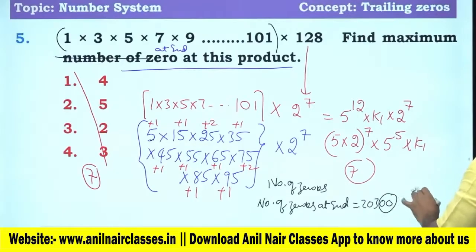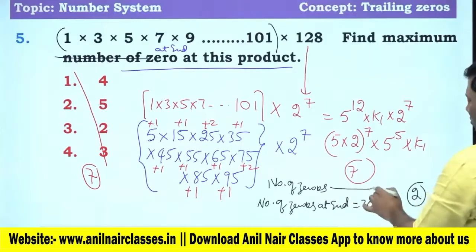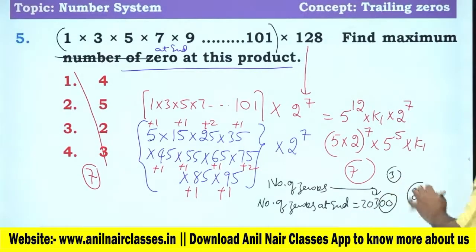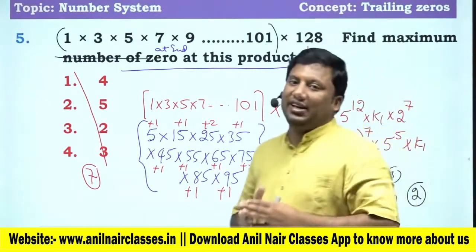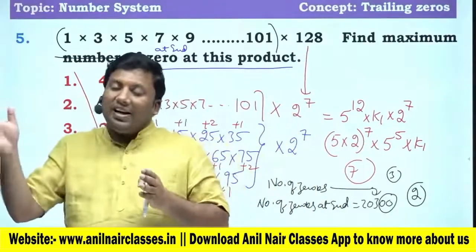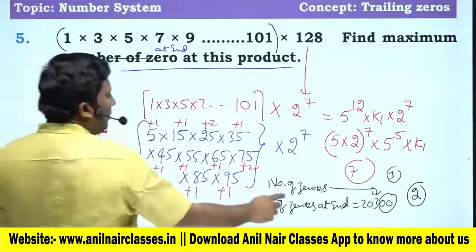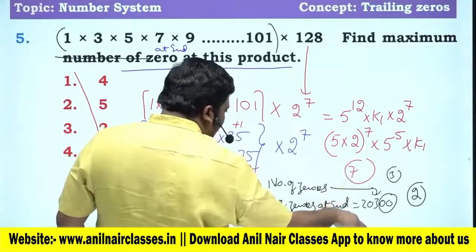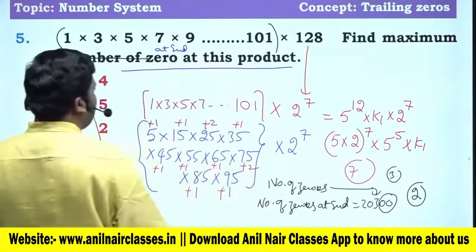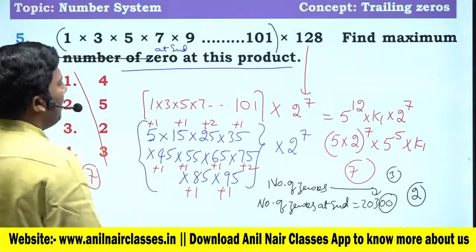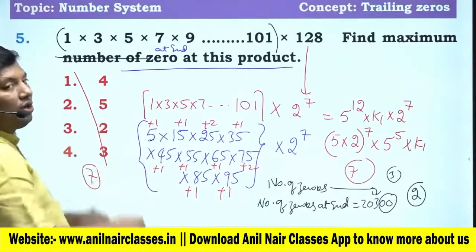Number of zeros at the end, it is 2. Number of zeros for this number, it is 3. Number of zeros at the end means, at the tail end, how many zeros are there? Number of zeros means all the zeros wherever they are present, we have to multiply. What did I find out in the question?